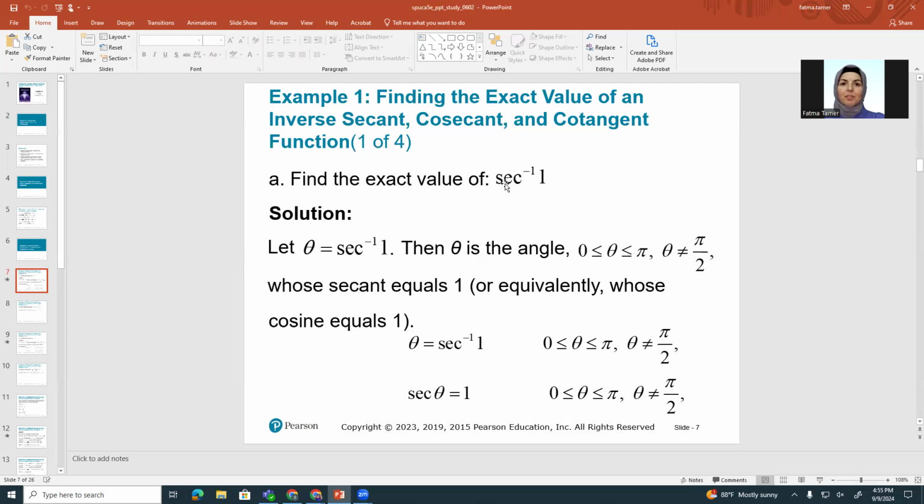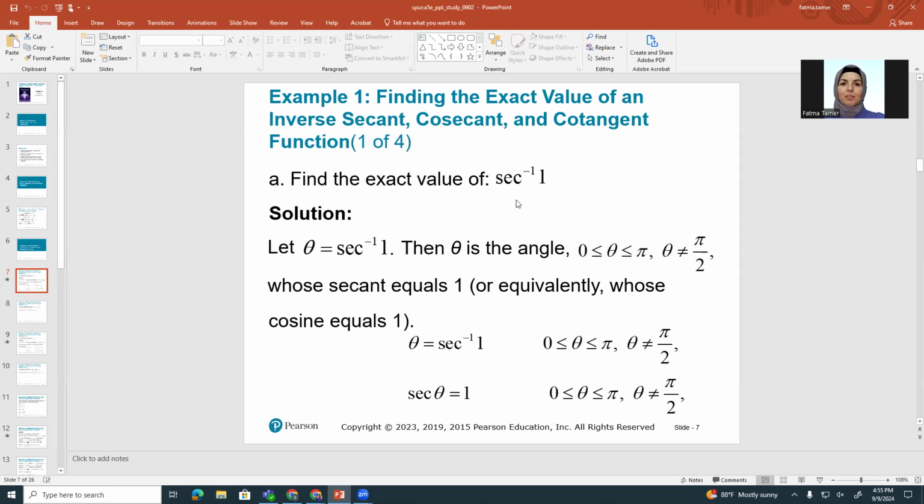So for what function is the reciprocal of 1 still 1? I would ask myself, for what angle will the cosine value be 1? And I will just focus on the domain of the cosine function, which is the exact same interval as the domain for the inverse secant function, so from 0 to pi.